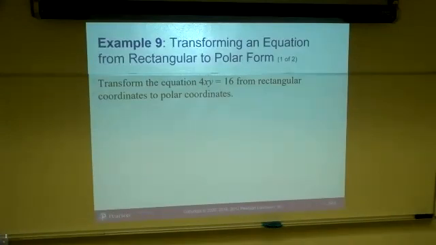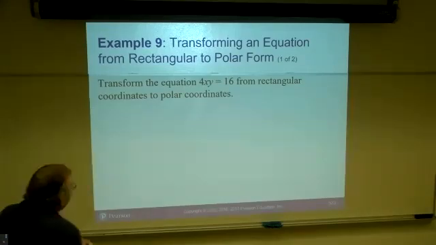So now we need to transfer this from rectangular form to polar coordinates. What does x equal in polar? What does y equal in polar? When they solve this, they stop at a certain point where I would continue, but that's my personal preference.